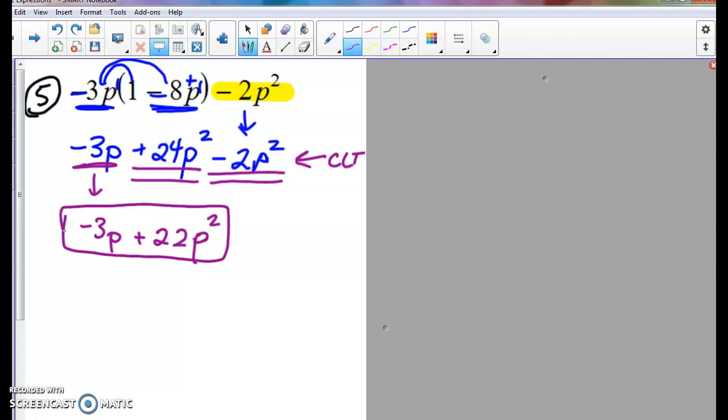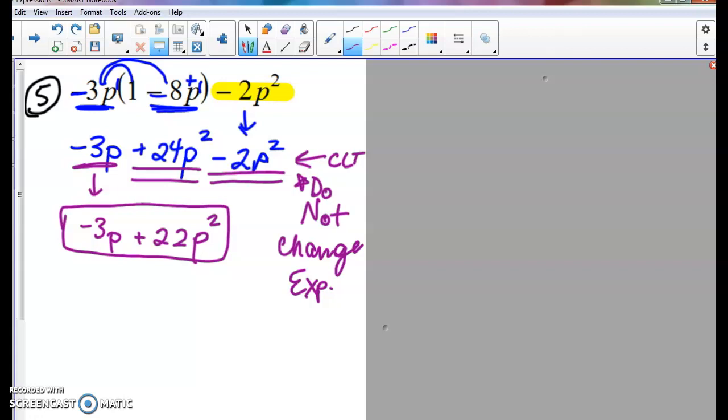So just remember that rule right there. So for combining like terms, do not change exponents.